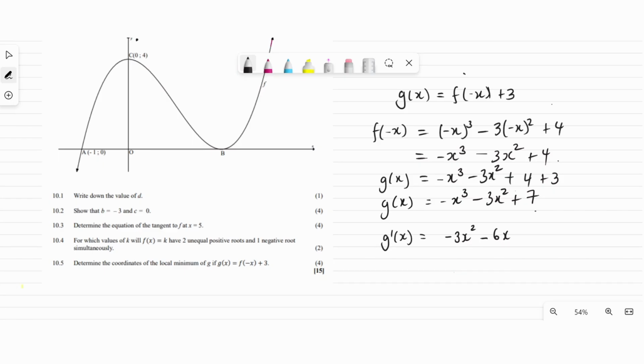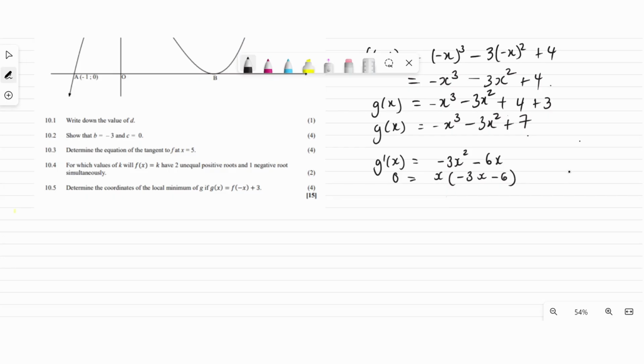So after doing that, we know this side is going to be equated to 0. Then we're going to factorize this, so it's going to be x times negative 3x minus 6, and equate both parts to 0. So let's do that. It's going to give me x is equal to 0, or negative 3x minus 6 is equal to 0. Take the 6 to the other side, negative 3x is equal to 6, divide both sides by negative 3, x is equal to negative 2, right?